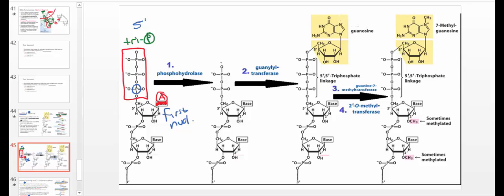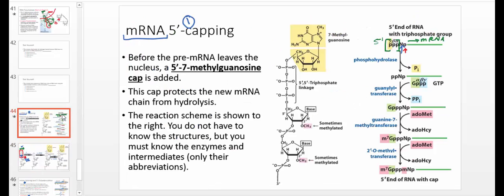Okay, so that means that we never lost this pyrophosphate right here. This pyrophosphate was never lost. So that means we still have the triphosphate there. And so what we're essentially going to do is add a 7-methylguanosine cap to prevent hydrolysis of these phosphates. Okay, so let's talk about how that occurs.